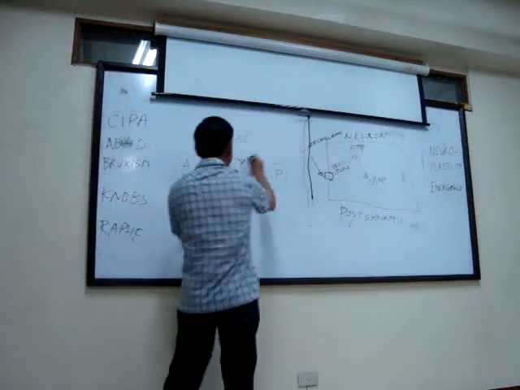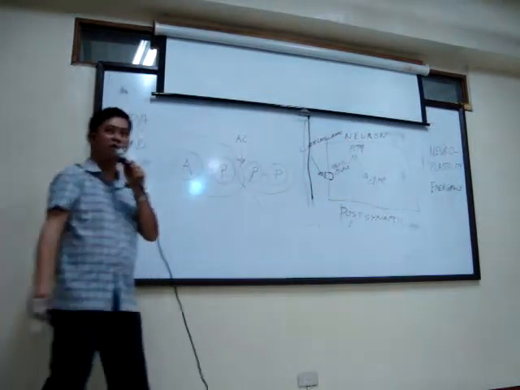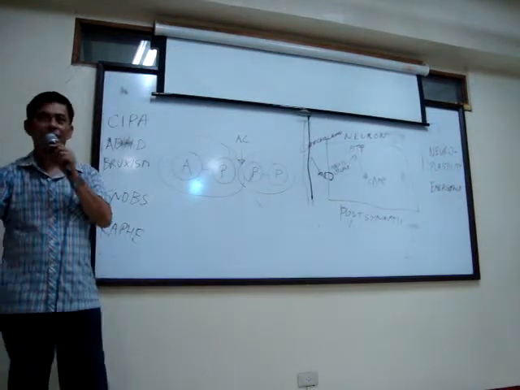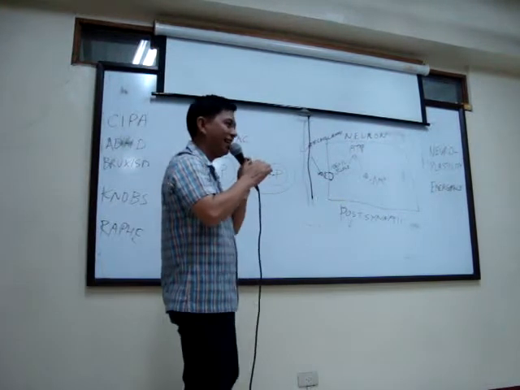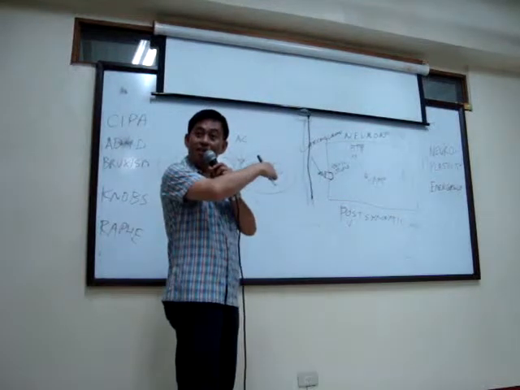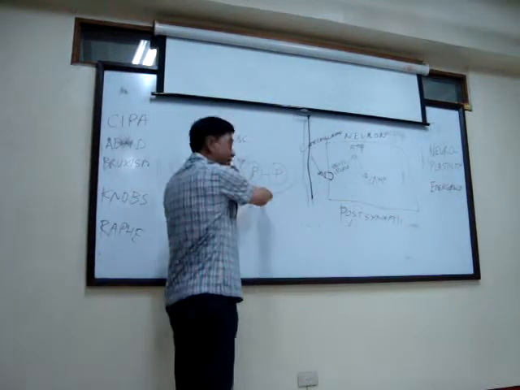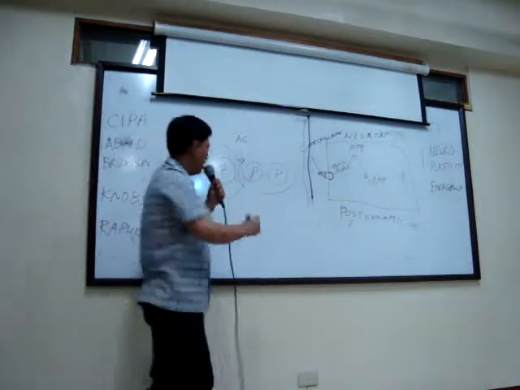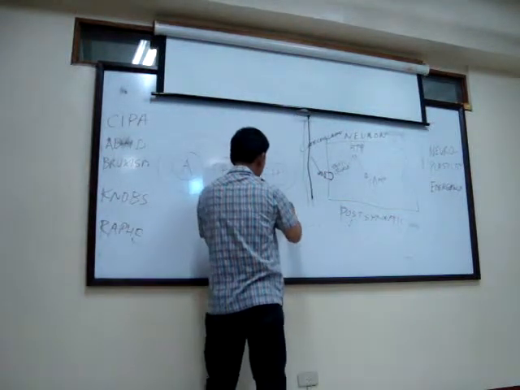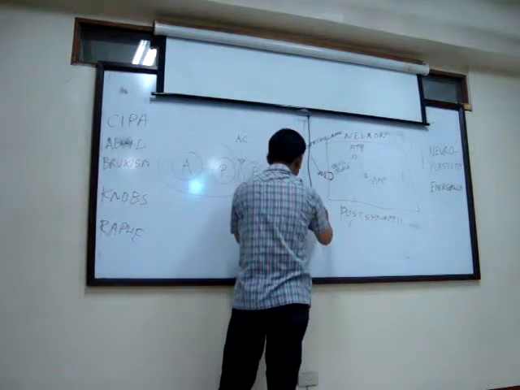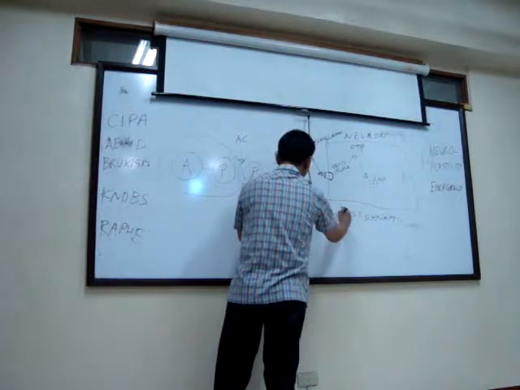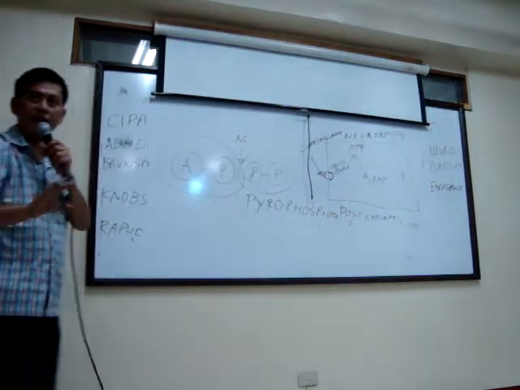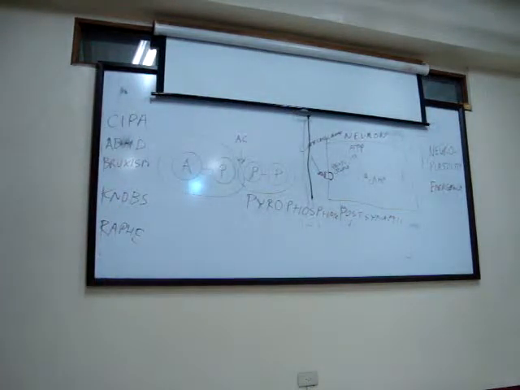And 2 Ps, or 2 phosphates. This is called pyrophosphate. So the 2 phosphates separated from ATP are called pyrophosphate.